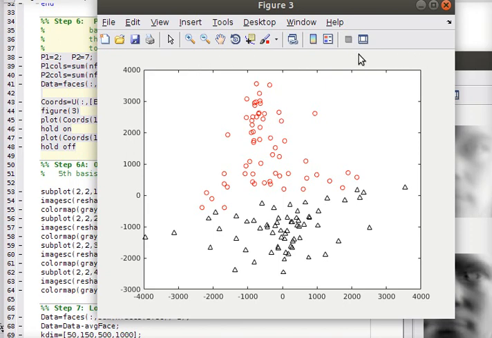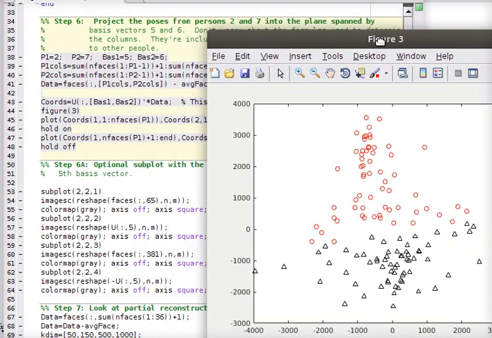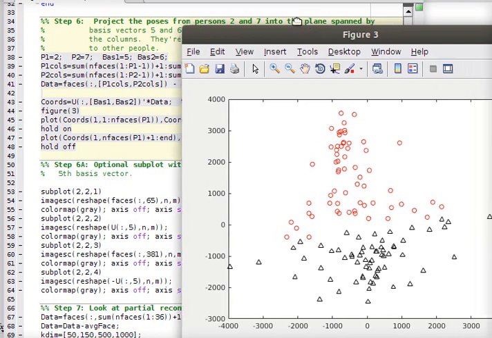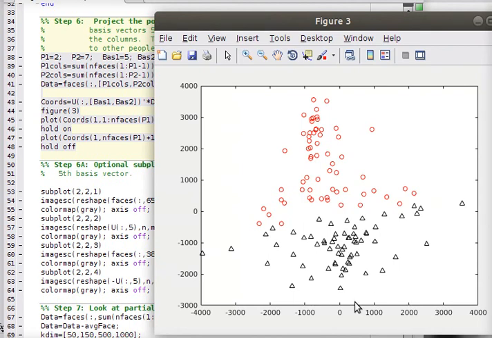And you know what? I just realized that I think I might have messed up the next figure, so we'll have to see if we can fix that. Because if 5 is down here at the bottom, one of these vectors splits the data into 2, right? Is it 5 or 6?